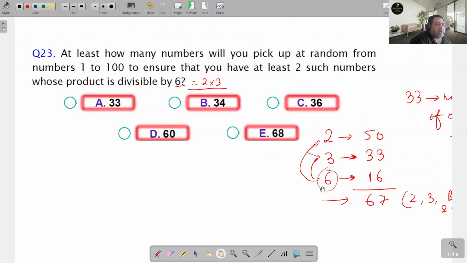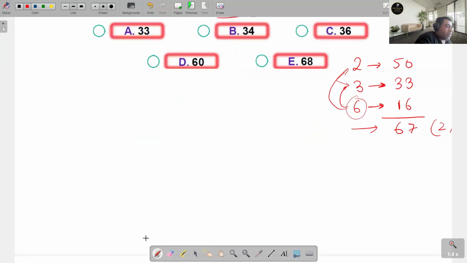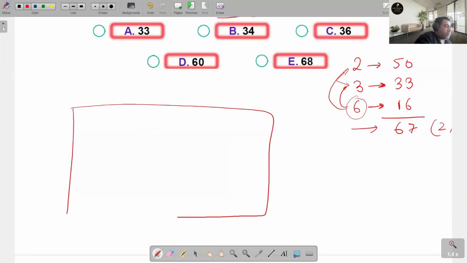For example, all the other primes apart from 2 and 3 are not multiples of 2 and 3. And then there are combinations as well, there are squares as well, and all those numbers. So there are 33 numbers which are bad apples.